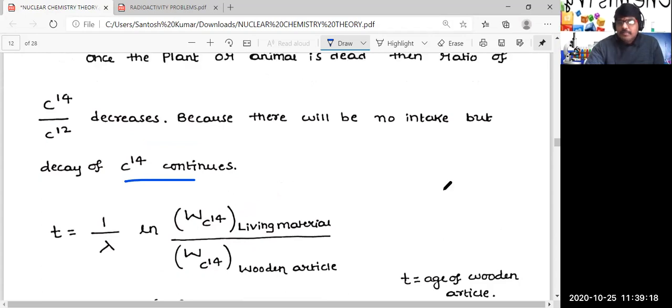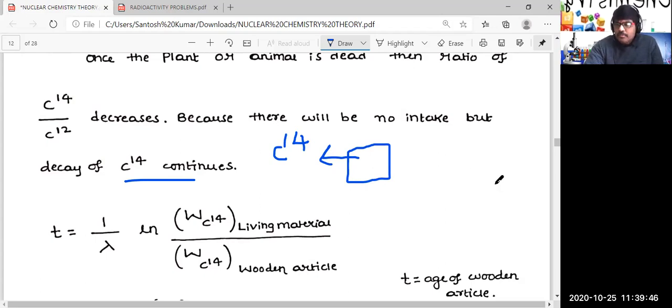For example, this is the wooden article made, and in this wooden article, the mass of C14 you have to find. And there is not a wooden article but a living material. They may give the mass of C14 in the atmosphere, or the mass of C14 in a plant, whatever it may be.